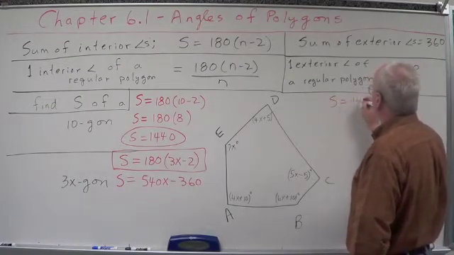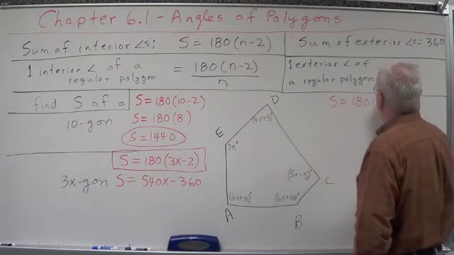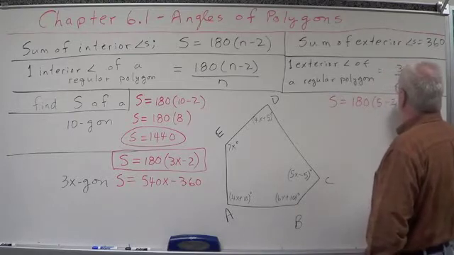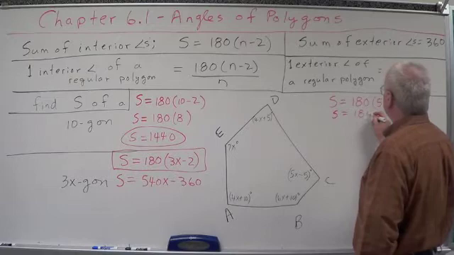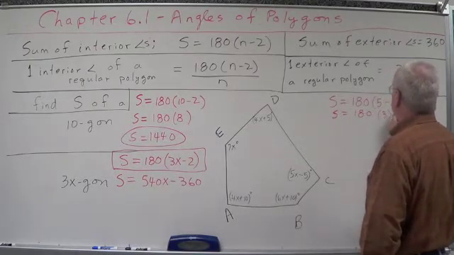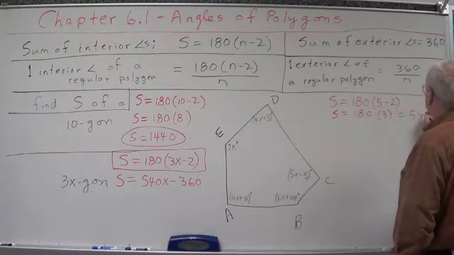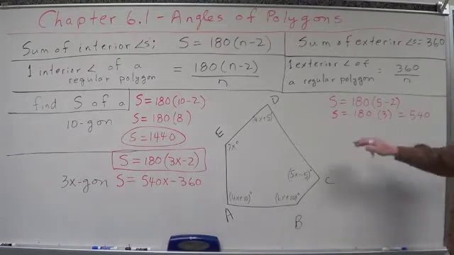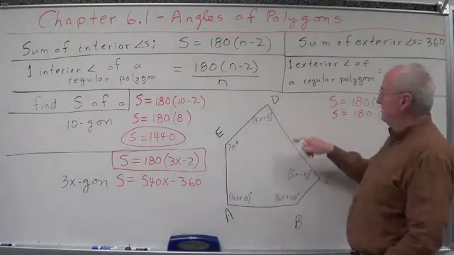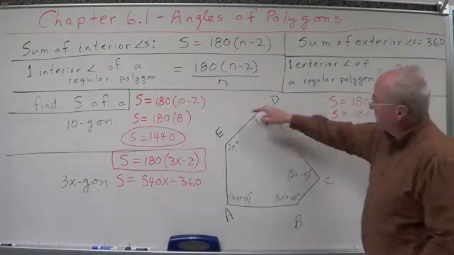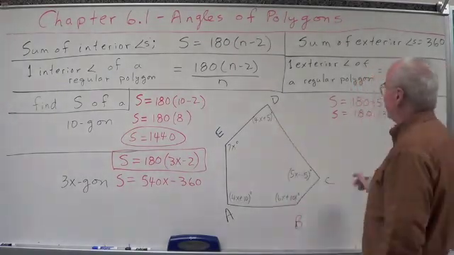S equals 180 times 5 minus 2. Sum equals 180 times 3 equals 540. So a pentagon, 5-sided figure, all of these should add up to be 540.